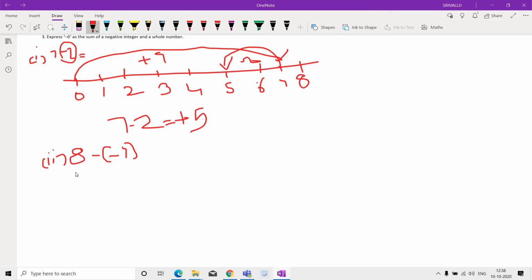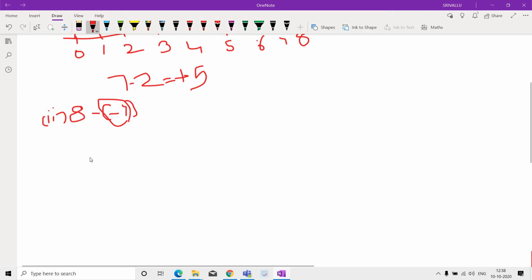Minus 7 is a negative integer, and 8 is a positive integer. So we subtract a negative integer from a positive integer. 8 minus, from 8 subtract minus 7. So I am doing this.